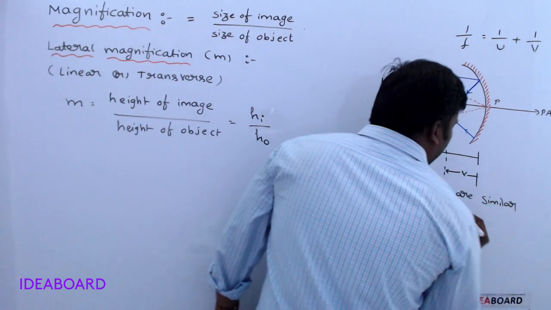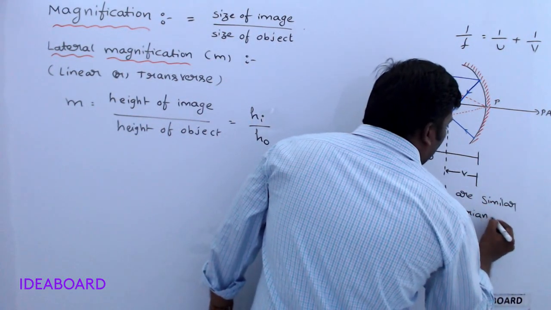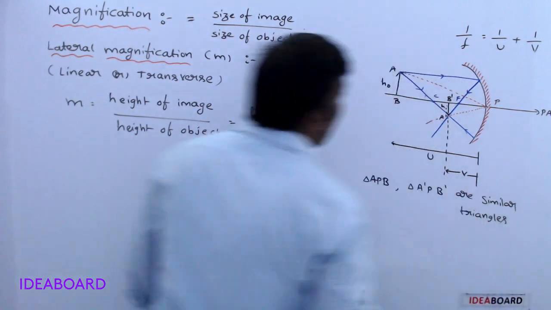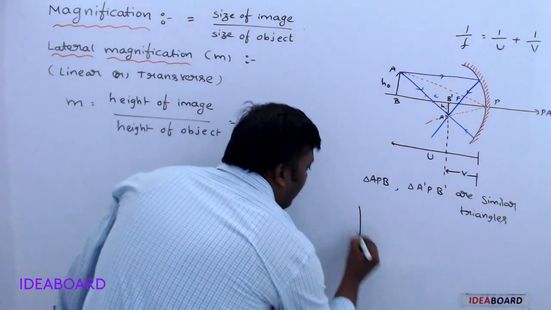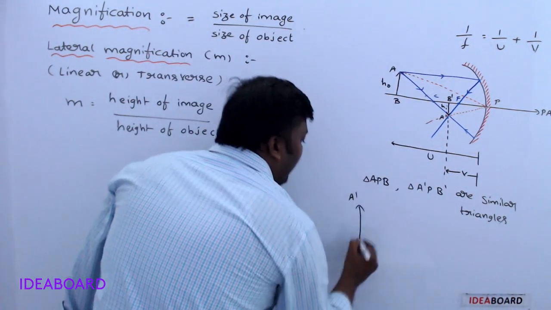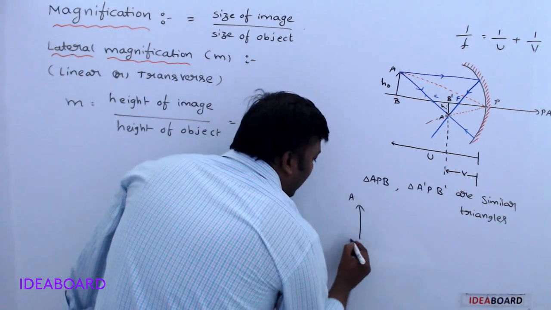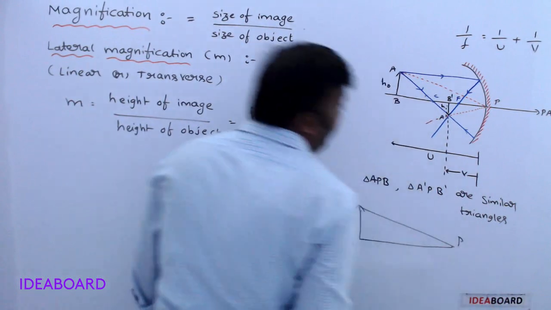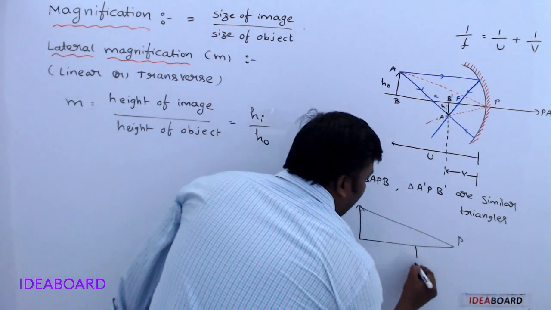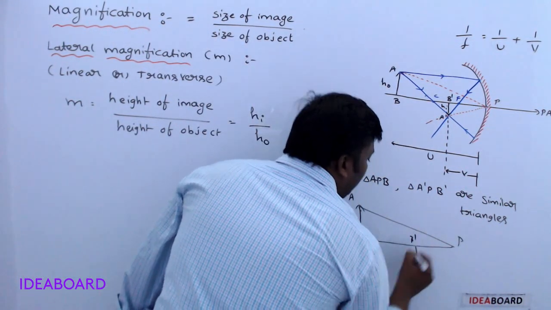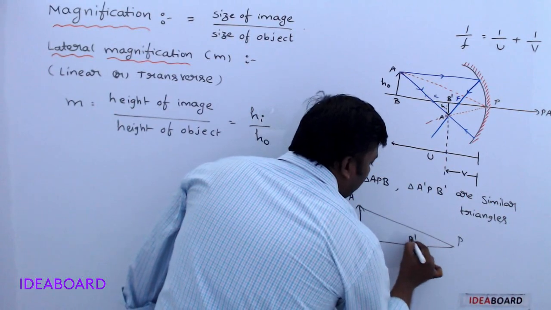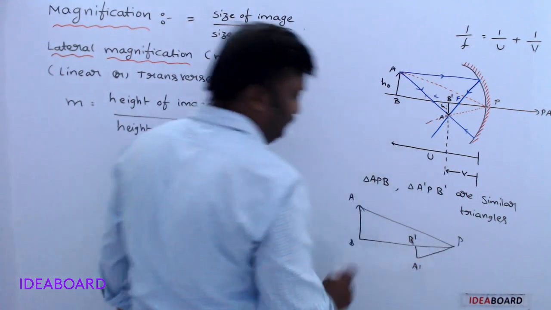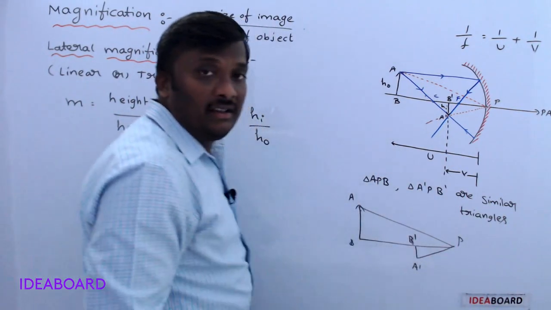You can take it as ABP or APB, your wish. Check once. This is A, B and this is P. This is A dash, B dash and this is P. These are the similar triangles.